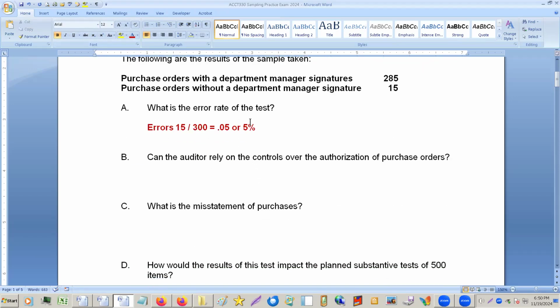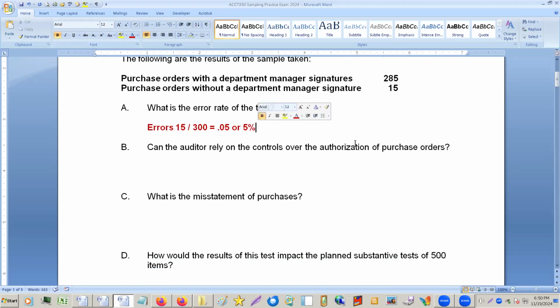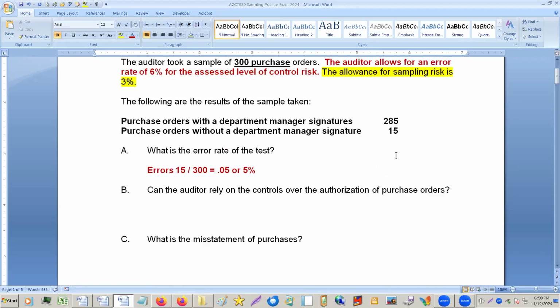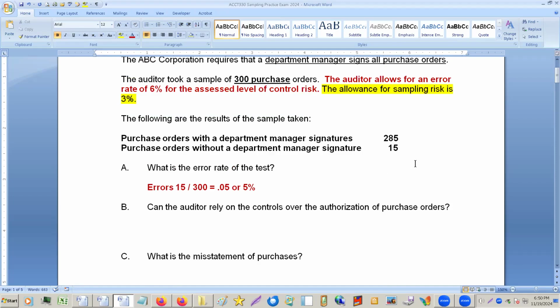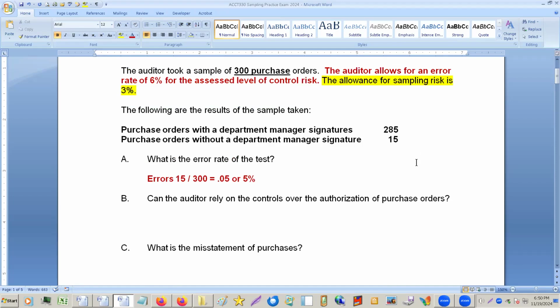So our actual error rate is 5%, and this would be our best estimate as far as what the actual error rate is. Okay, now, can we rely on the controls?